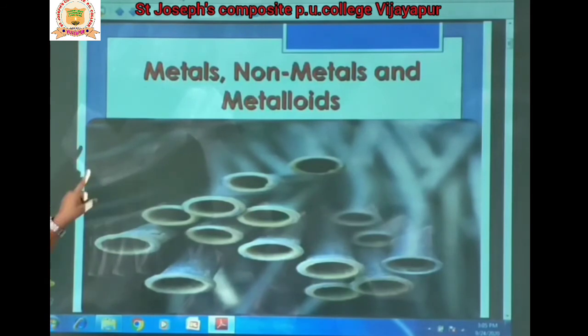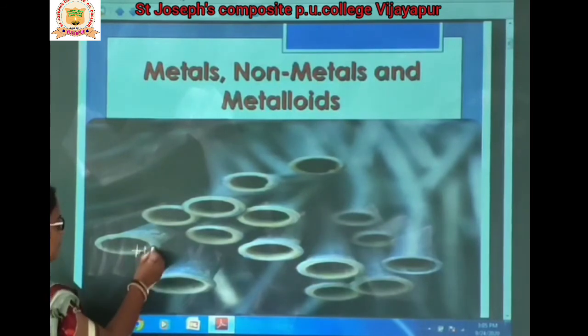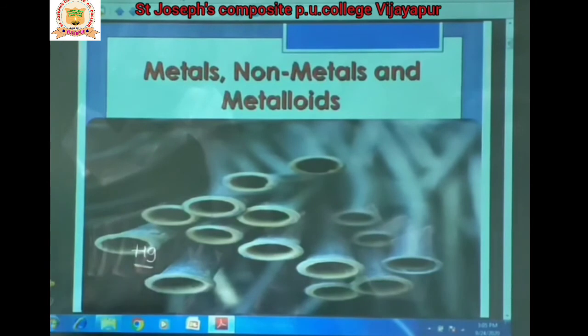Okay. One main point: name the metal that is in the liquid state. That is Hg, mercury. This metal is in the liquid state. And name the non-metal that is in the liquid state. That is bromine.